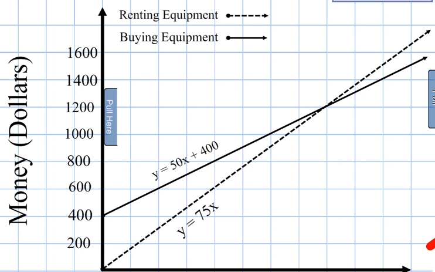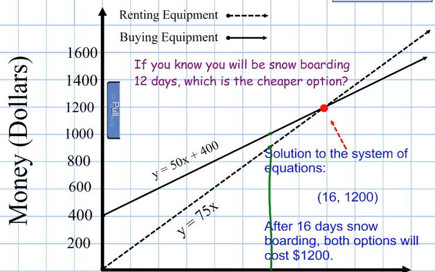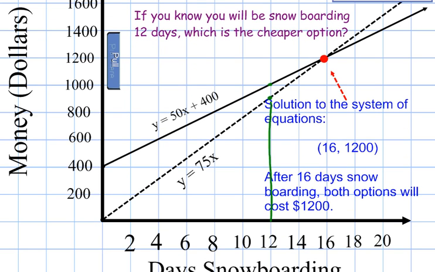What if I was going for more days? What if I was planning on snowboarding for 20 days? At 20 days, buying is cheaper. That dark line is buying. So it's going to depend on how many days you plan on going snowboarding.